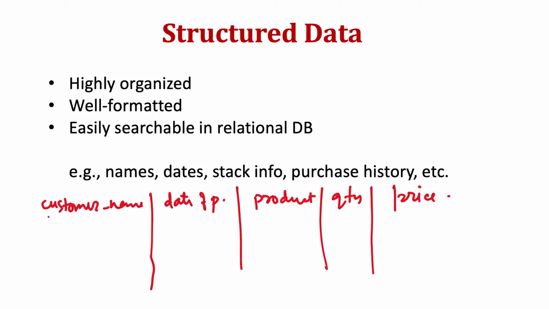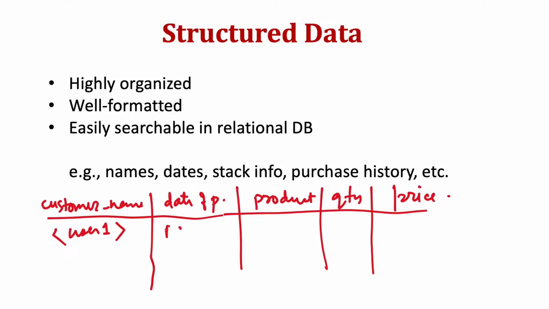And here we can have user 1 or any other name, then date, maybe 18th July, product ABC, quantity 2, price $100. Similarly for user 2. So we can see that there is a clear structure in this data, and it's well formatted.